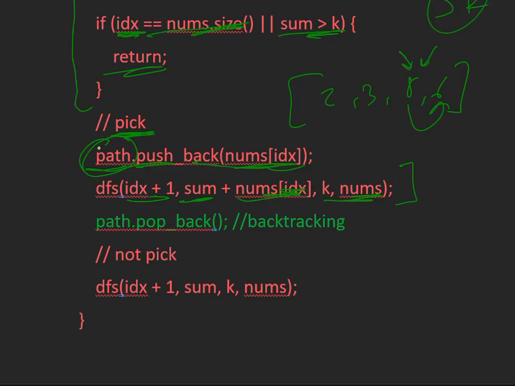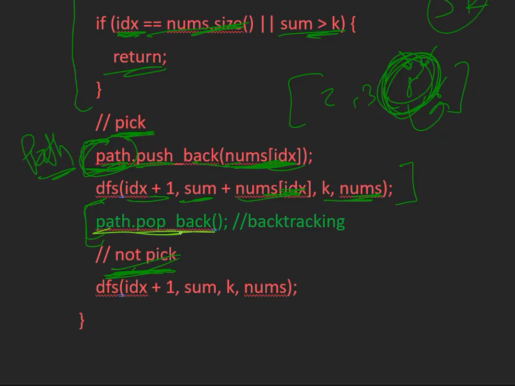So if you have seen, if we have picked the element, then we have updated the vector path as we have pushed nums of index. Now if we have to simulate the case of not pick, then we should remove that element before going to that case. So this is what we are doing: path dot pop back, that is removing the element that we pushed into the path to simulate the pick case.